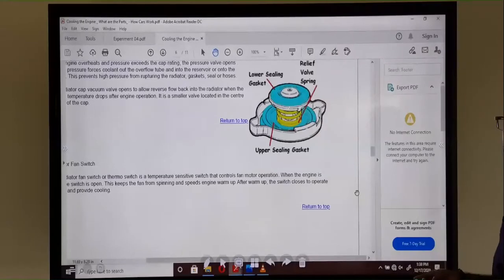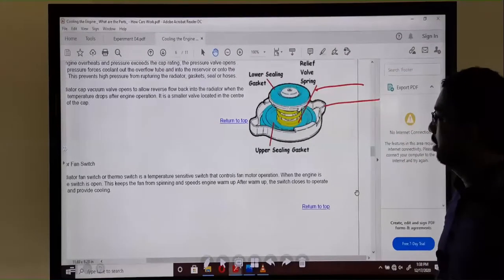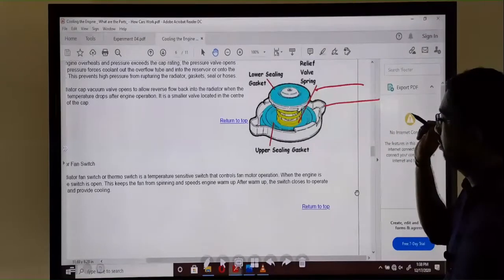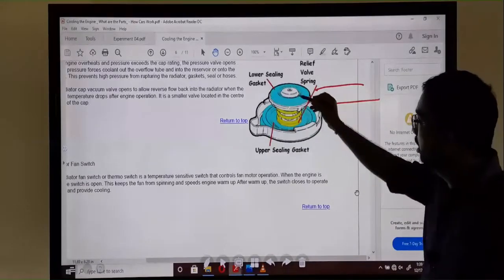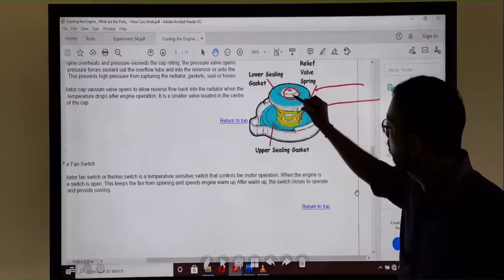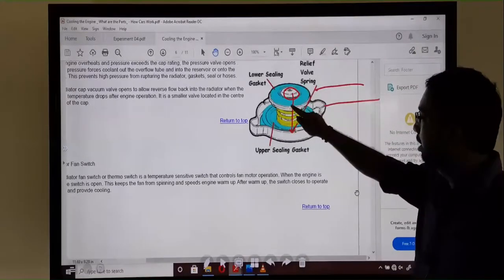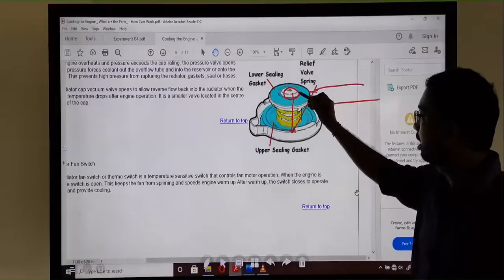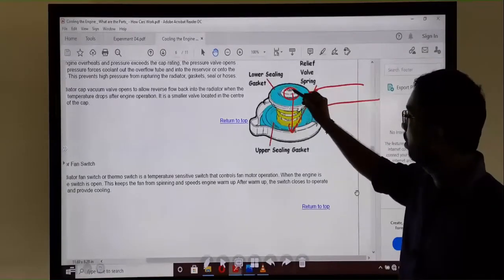Now the vacuum condition. In that low temperature condition, only this disc moves downwards. That means the big plate remains in the same position, and this moves this way, so there is a hole.